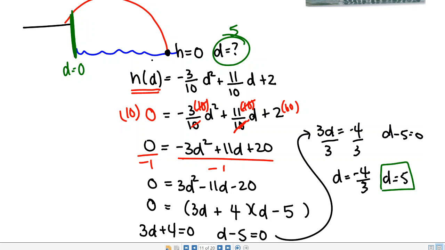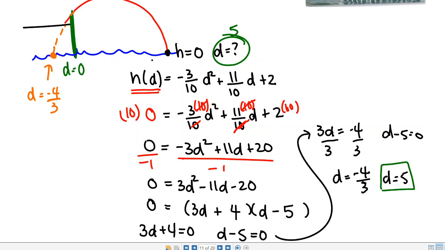However, it's always good to think of where that negative comes from. If we take the parabola and extend it backwards, there would be a point underneath the platform where that parabola would end up again touching the water. So this is where our negative 4/3 comes from for our d value.